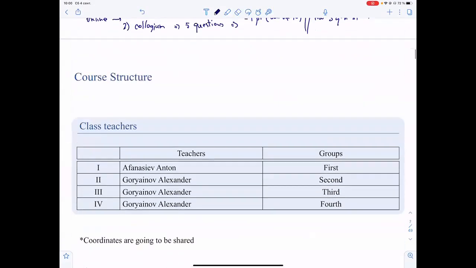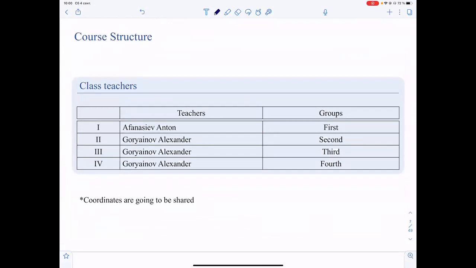All right, we discussed my profile, we discussed the course structure, the class teachers. I'm going to conduct a lecture, and hopefully on some of the days we meet in a room, and you'll see at least how I look, and I see you guys.